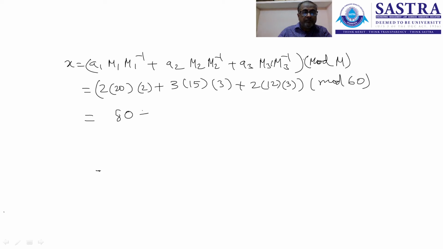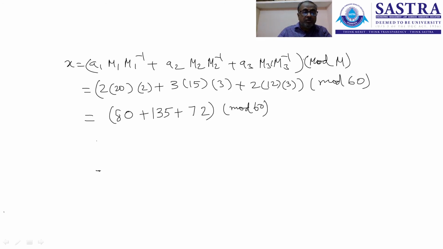Okay, so now when I simplify this, I get 40, 80 plus 15 into 3, 45, or we will write like this, 15 into 9. What will happen to 15 into 9? 135, plus 24 into 3, 72. Okay, 6 into 12, mod 60.